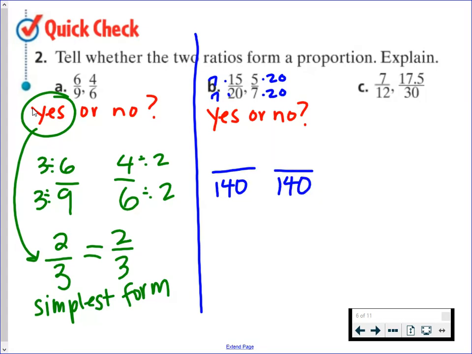Did bad mental math. So, are they equal? Do they form a proportion? No. Not equal.